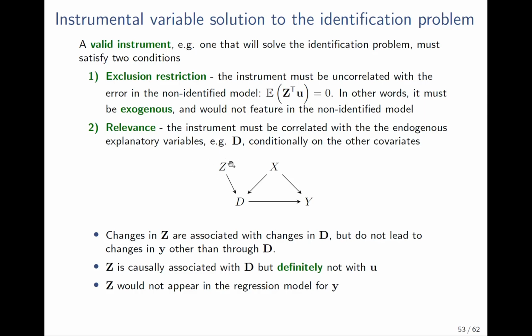Changes in Z are associated with changes in D, that is, Z is correlated with D, but they don't lead to any changes in Y other than through the path that leads from D. So Z is causally associated with D, but it's definitely not associated with U, which appears as a term of Y. And Z would therefore not appear in the regression model for Y. So it's relevant, correlated with D, but it's exogenous because it's not correlated with Y other than through D, and it's certainly not correlated with the error term.